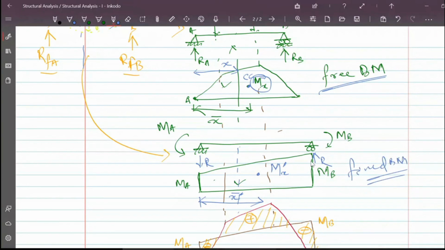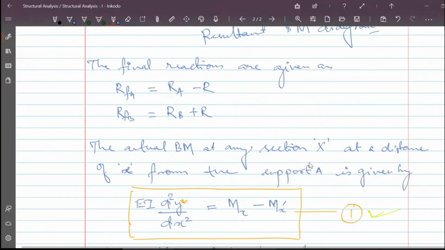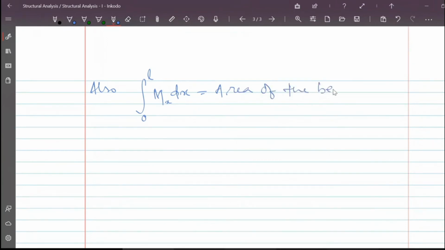So we can write integration of 0 to L Mx dx equals area of the free bending moment diagram, and let us represent it with A.